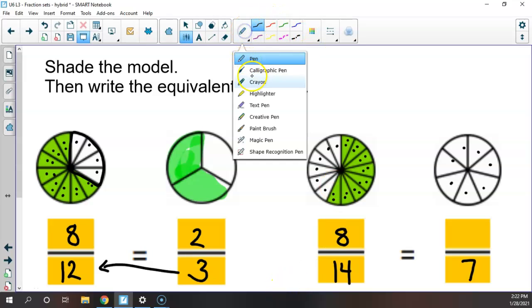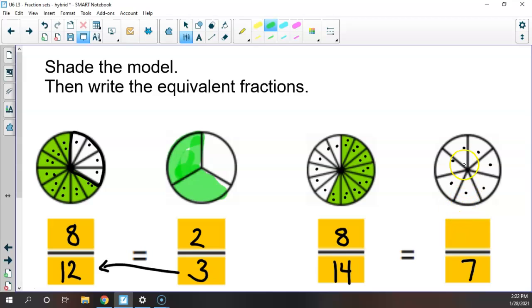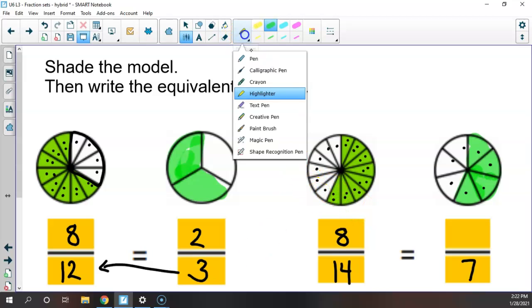So I'm going to take my highlighter here and shade what I think looks like it would be about the same. Definitely more than 1 piece. Definitely more than 2. 3 is getting close, but not quite there. I think that 4 looks very similar to me as that 8 pieces over there.